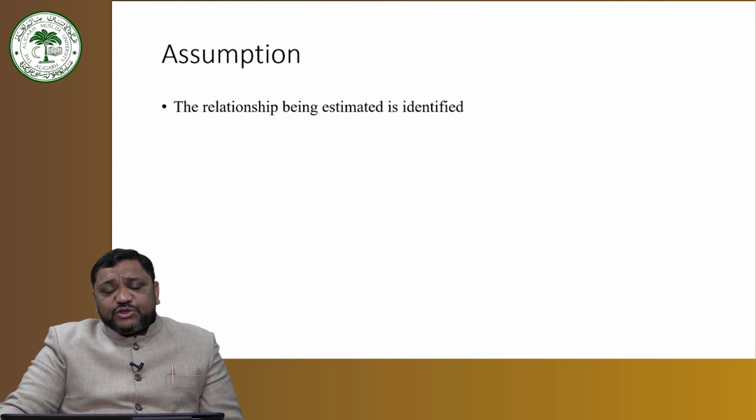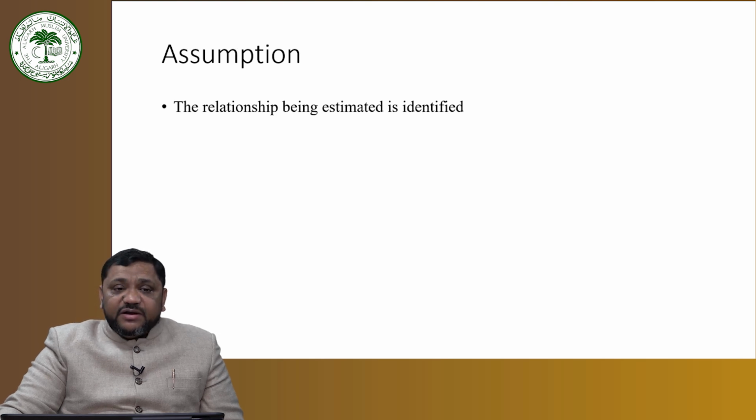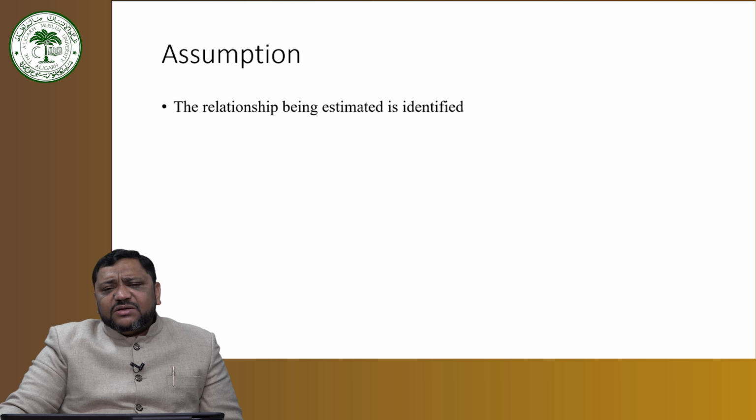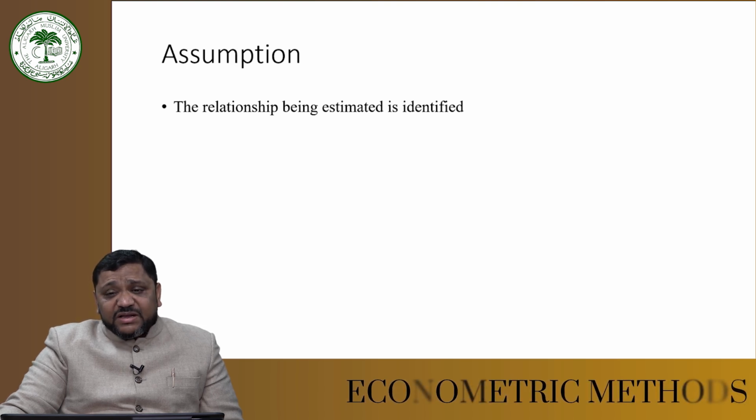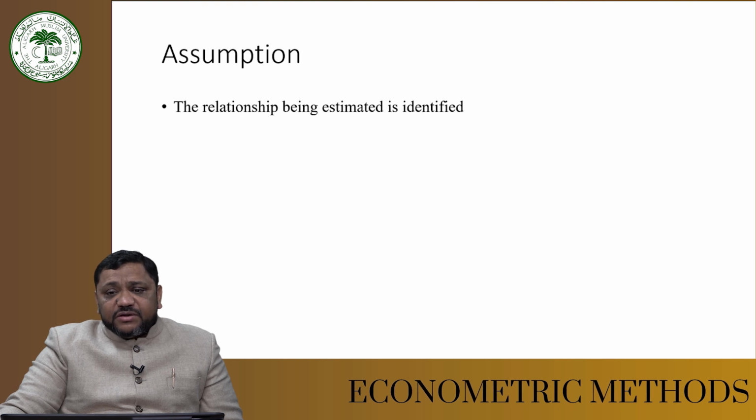Now, the next one is that the relationship being estimated is identified. It is assumed that the relationship whose coefficient we want to estimate has a unique mathematical form. That is, it does not contain the same variables as any other equation related to the one being estimated.